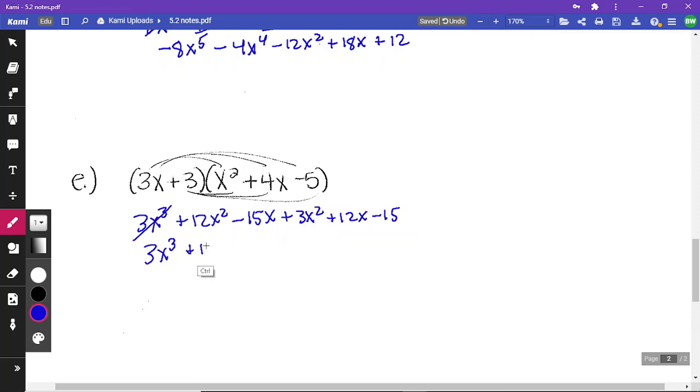That's 15x squared. So those are combined. And now the next one is just x. So we have negative 15x and 12x. So minus 3x is what that comes out to. We cross those off, and now we have minus 15. Okay, so that's that.